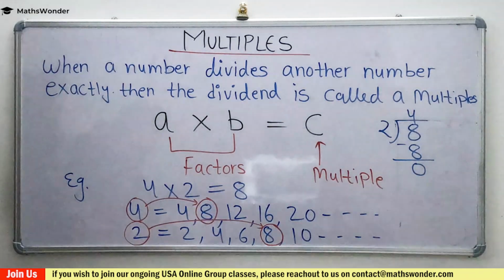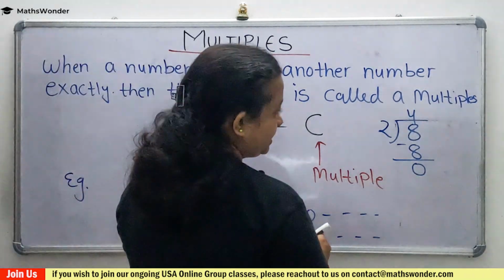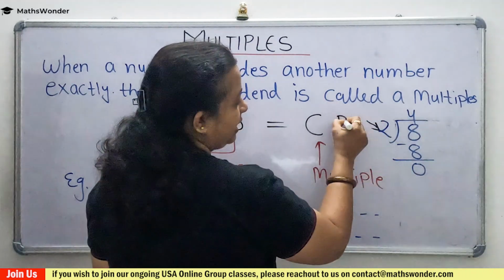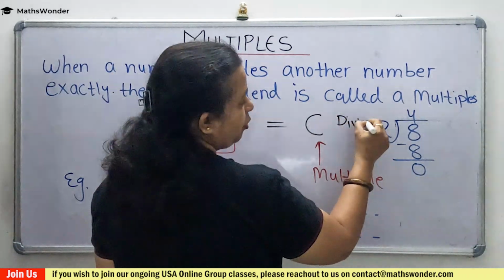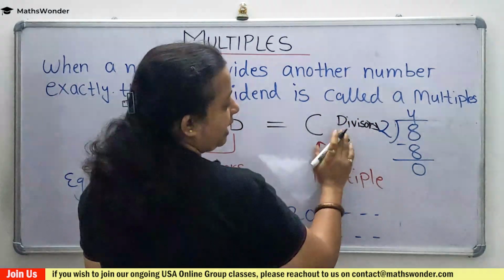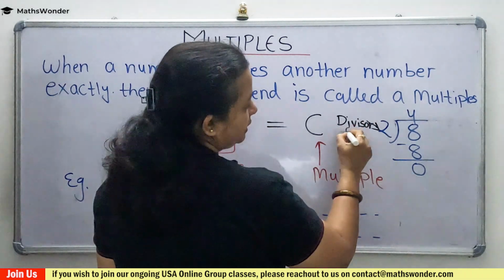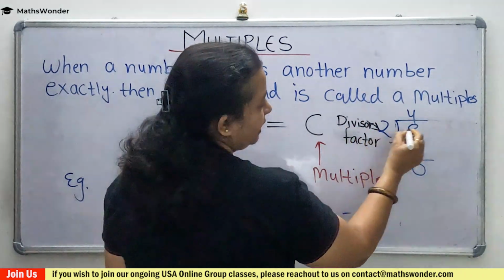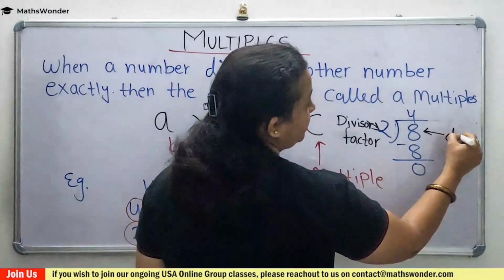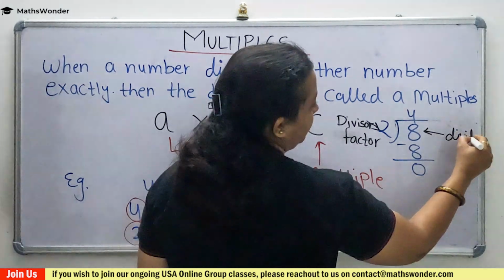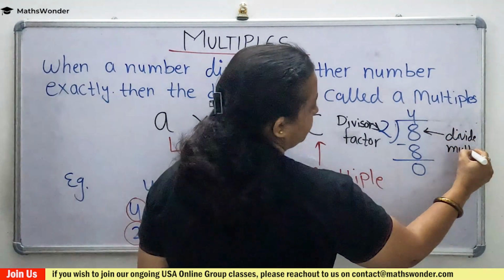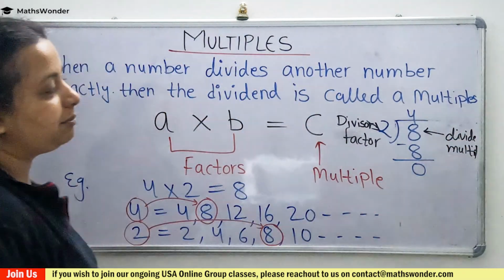That means this is the divisor, remember the name of this. So this is the divisor, the factor, and this we call the dividend, the multiple.